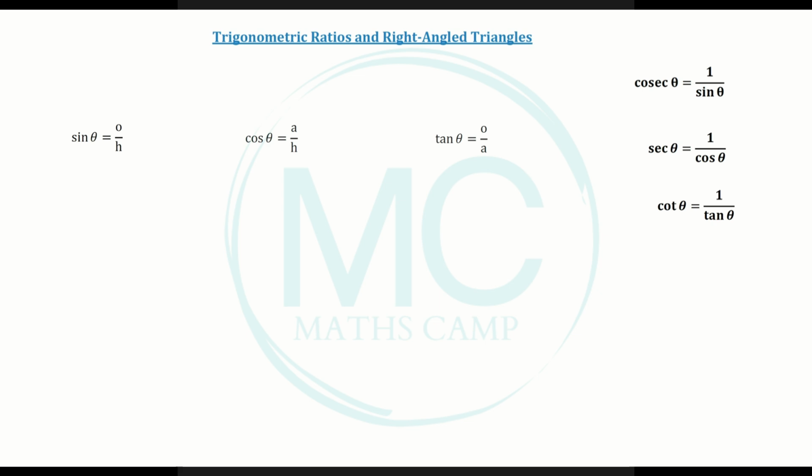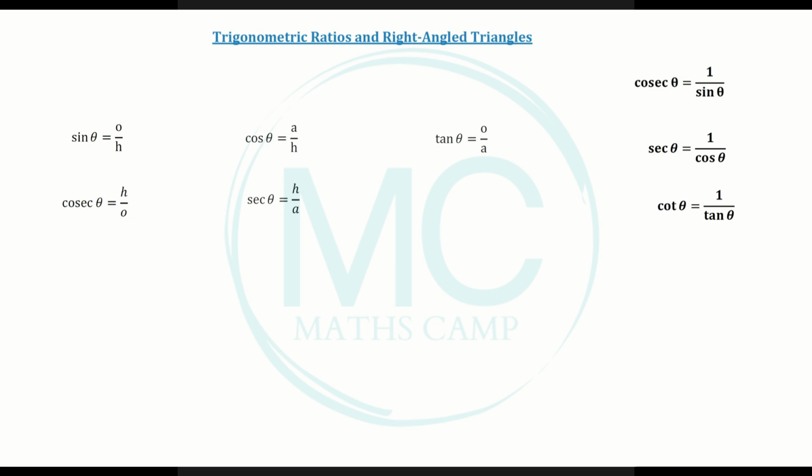So if sine theta is equal to the opposite over the hypotenuse, then cosec theta is equal to the hypotenuse over the opposite side. Cos theta is equal to the adjacent over the hypotenuse, and sec theta is the reciprocal ratio. So if cos theta is equal to the adjacent over the hypotenuse, then sec theta is equal to the hypotenuse over the adjacent side.